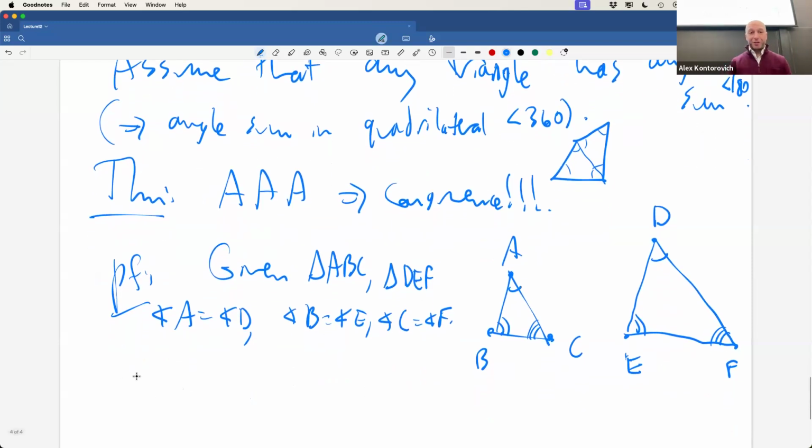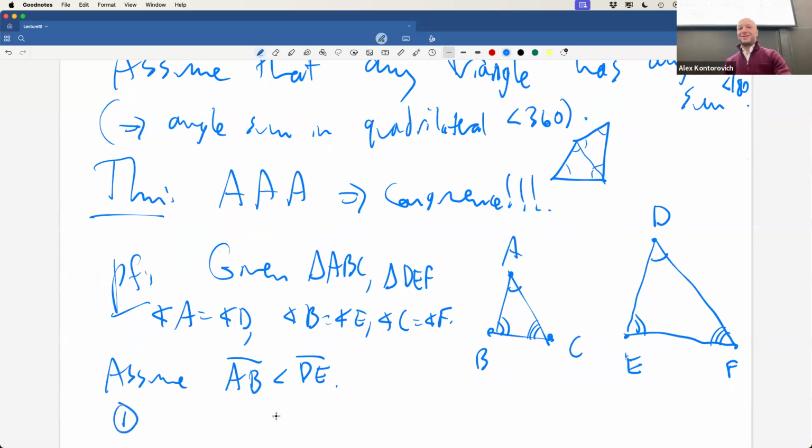And assume, by contradiction, that AB is less than DE. Suppose that the corresponding sides are not equal, one of them smaller.